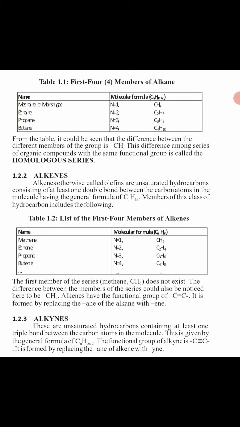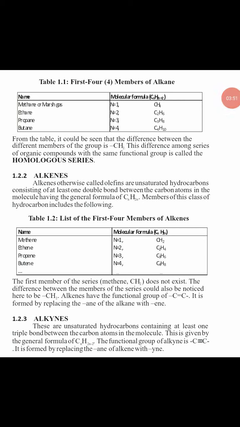That series is called a homologous series. A homologous series is a family of organic compounds in which each successive member differs by a CH2 group.